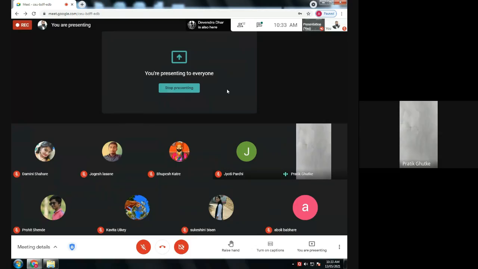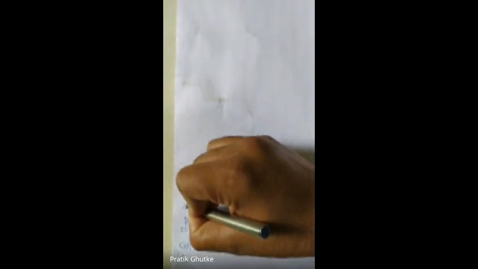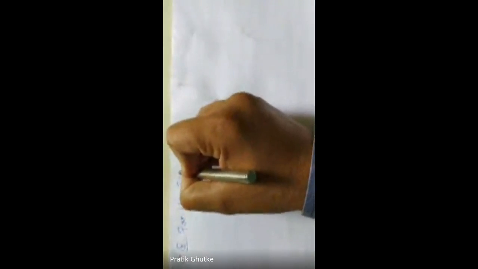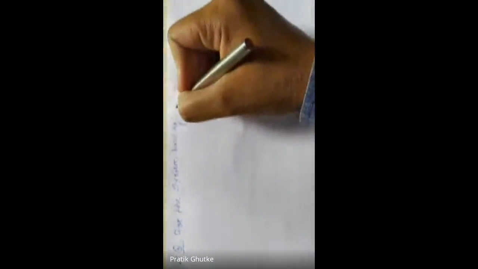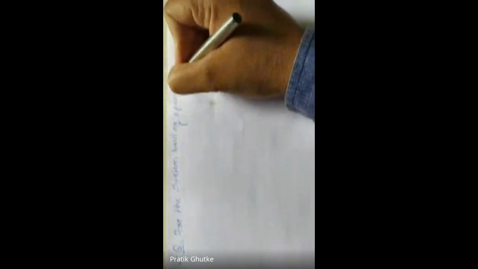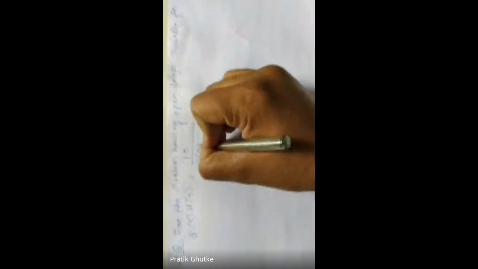For the system having open loop transfer function G(s)H(s) equals 10 divided by (s plus 1)(s plus 10).